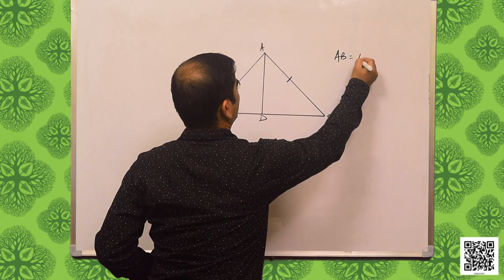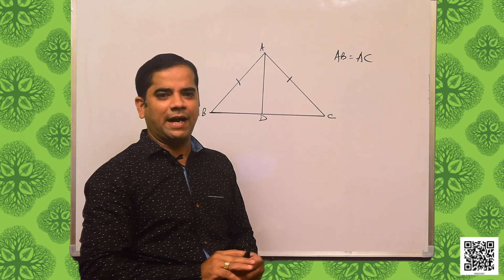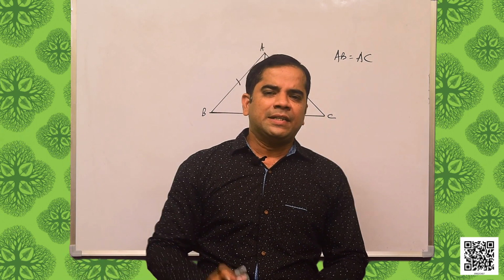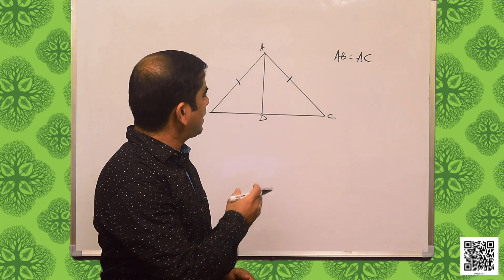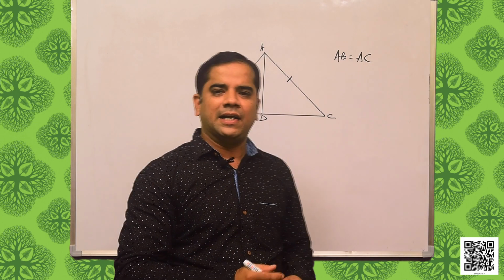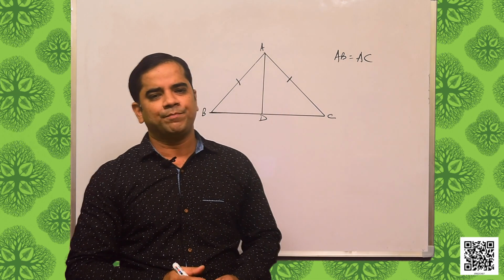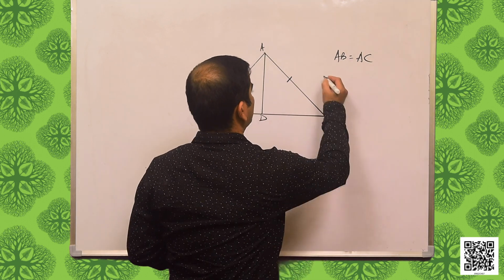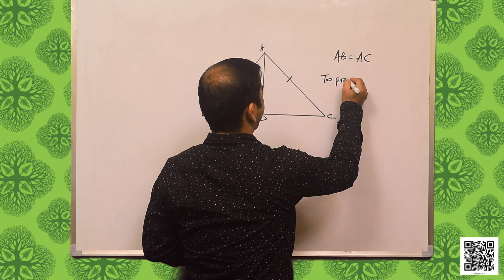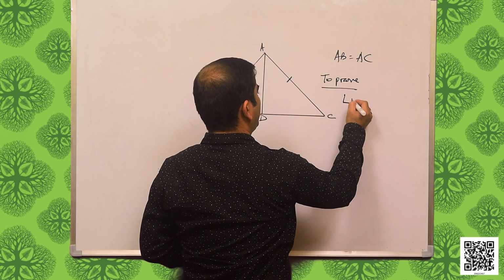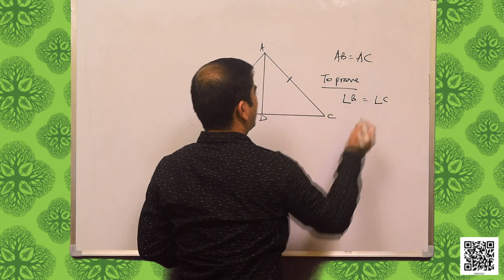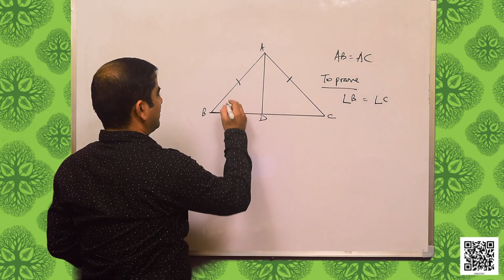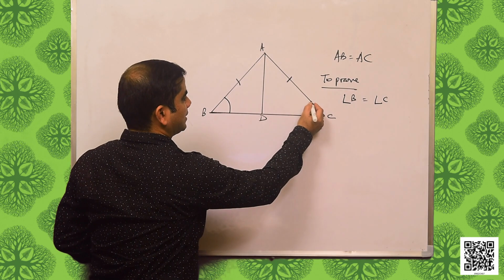So, this is an isosceles triangle where two sides AB and AC are equal to each other, and what we need to prove is angle B is equal to angle C. That means angle B, this one, and angle C, this one.